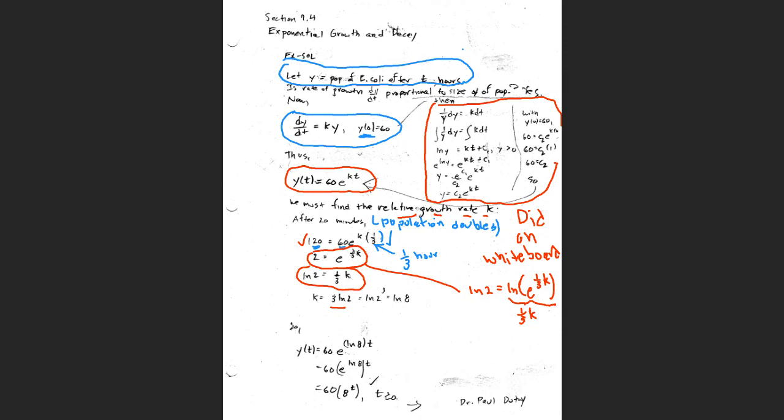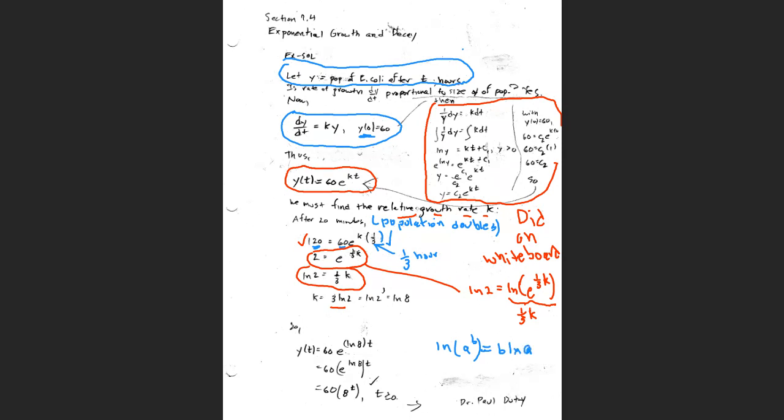Now, WebAssign would accept the relative growth rate if you wrote it as 3 times the natural log of 2. But remember, from your pre-calculus days and your knowledge of logarithms, the natural log of a to the bth power is b times the natural log of a, right?